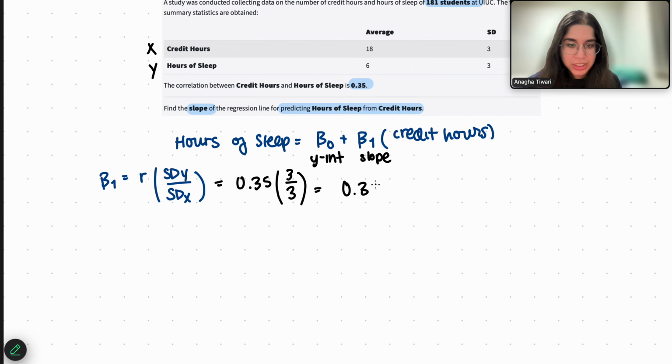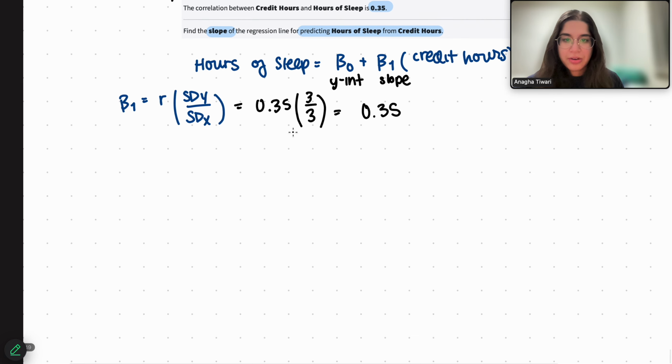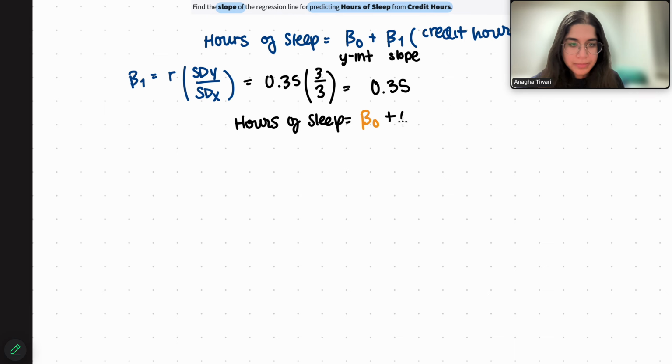So it's just going to be 0.35 as my slope. Now my final equation becomes hours of sleep equals beta 0, which is still unknown, plus 0.35 times my credit hours.